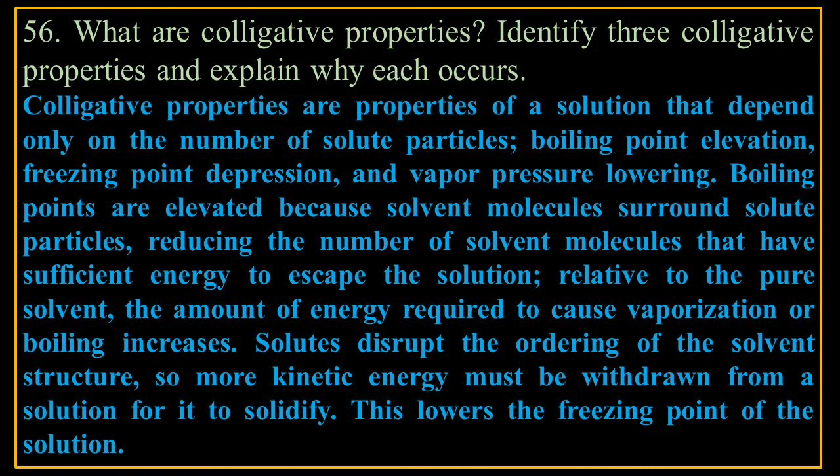Relative to the pure solvent, the amount of energy required to cause vaporization or boiling increases. Solutes disrupt the ordering of the solvent structure, so more kinetic energy must be withdrawn from the solution for it to solidify. This lowers the freezing point of the solution.